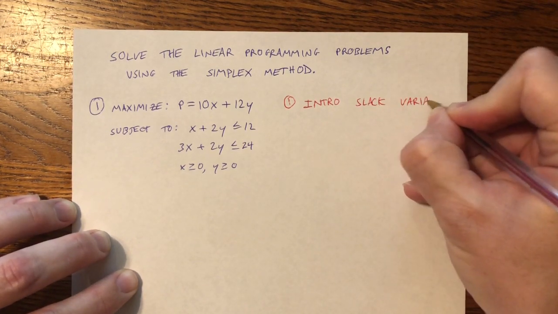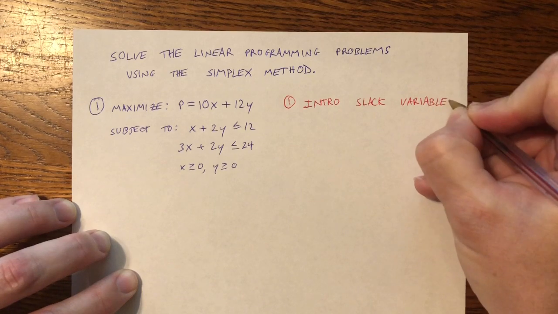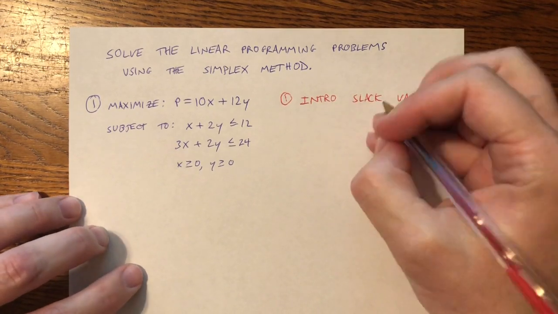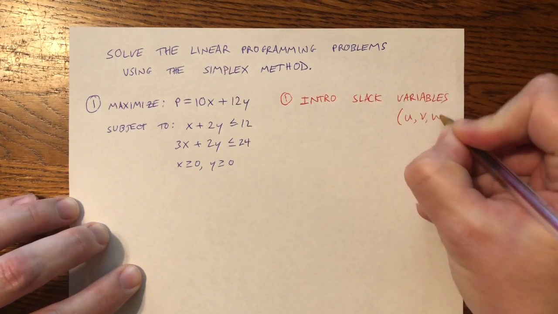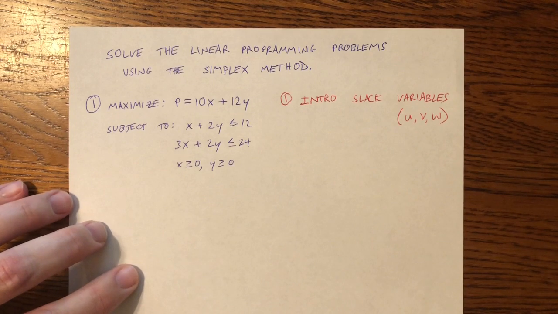Our slack variables are going to be represented by the letters u, v, or w.